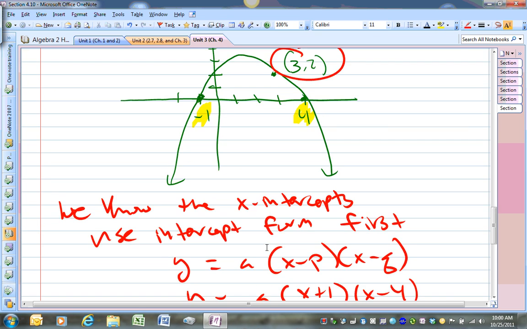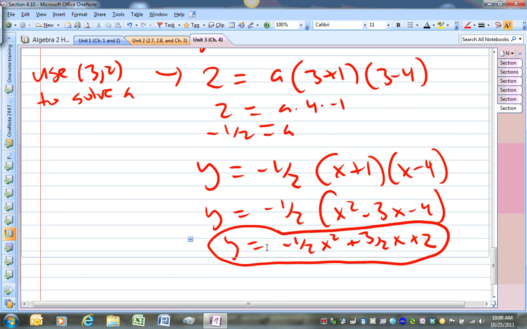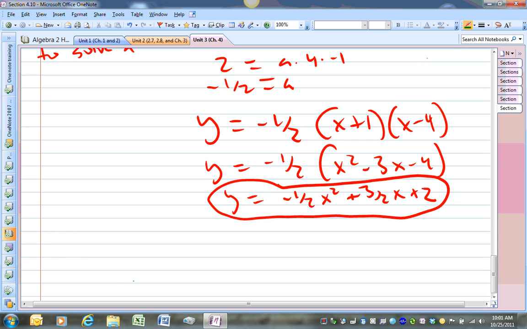Okay. So hope you guys are okay with those 2 examples. Last example, number 3. So let's say you're given 3 points.